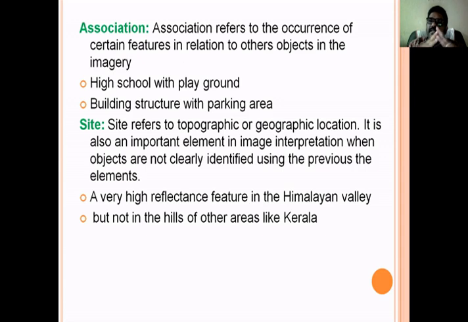Sometimes this is also one of the parameters to interpret the objects of the image. For suppose, as a teacher, or else yourself, you have knowledge that you and your friend always associate with each other in the classes.